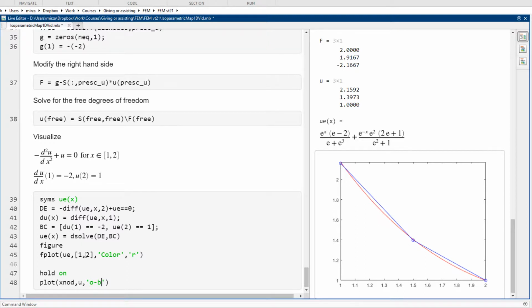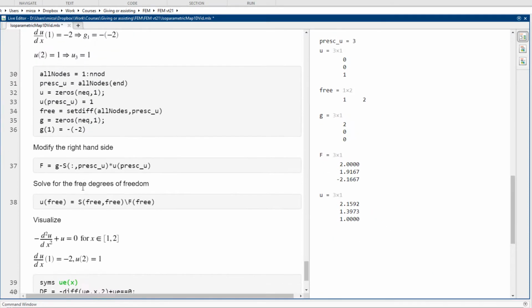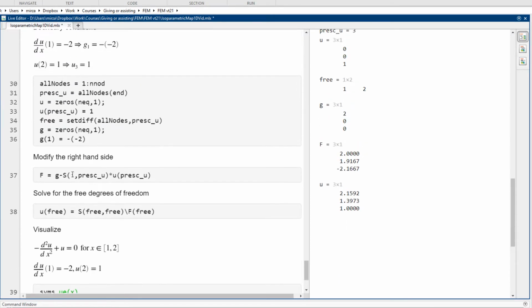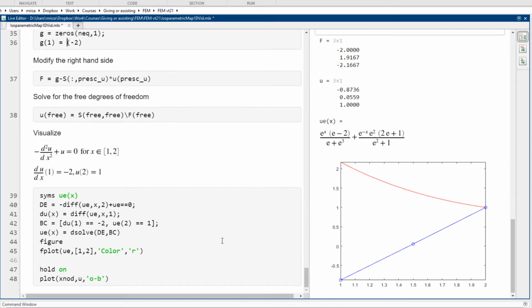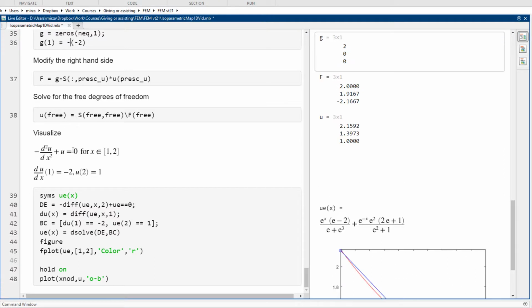Now let's play around with this. That's the fun stuff. What happens if we mess stuff up? I just want you to see that. So you forget this negative sign. Boom, completely different solution. Just this minor thing here can mess up the solution so much. How about you forget to modify the right hand side here?